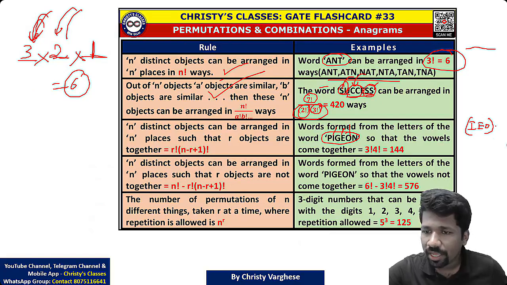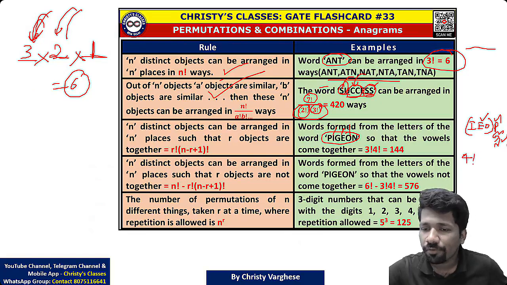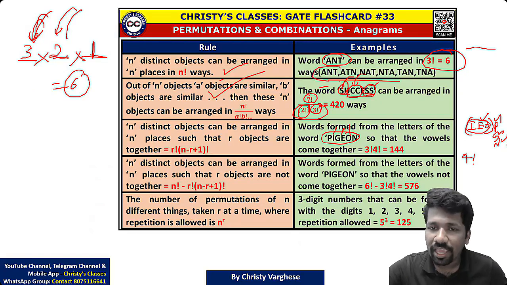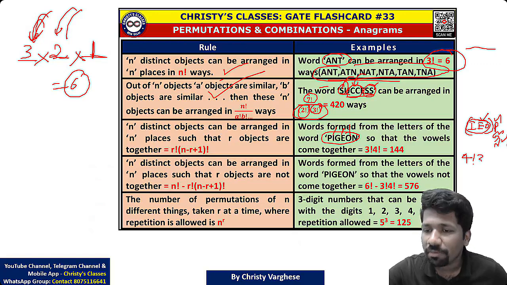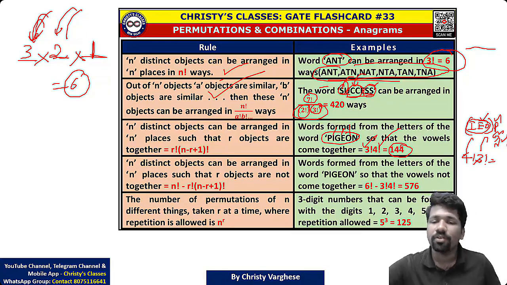And what letters remain after that? P, G, N. So total 1, 2, 3, 4 letters. 4 letters can be rearranged in 4 factorial ways. But internally, IEO can be rearranged, like ANT can be rearranged in 3 factorial or 6 ways. IEO can be rearranged in 3 factorial ways. So external arrangement into internal arrangement will give you the answer: 3 factorial into 4 factorial.